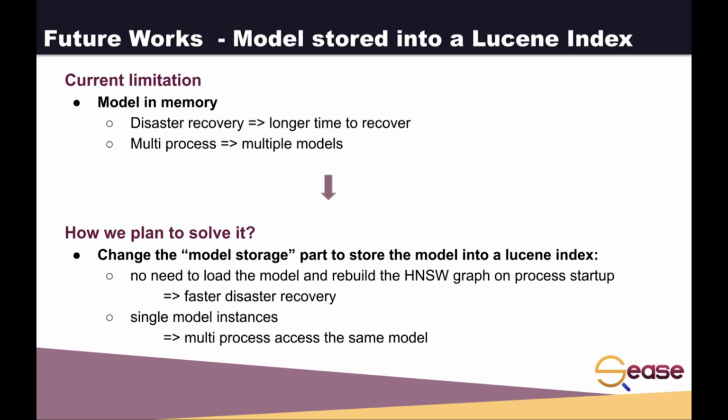This index is stored on disk. So in case of disaster recovery, we can just query an index that already exists on Lucene. If we have multiple instances, multiple processes, all of them can use the same index. We don't need to replicate that index many times.